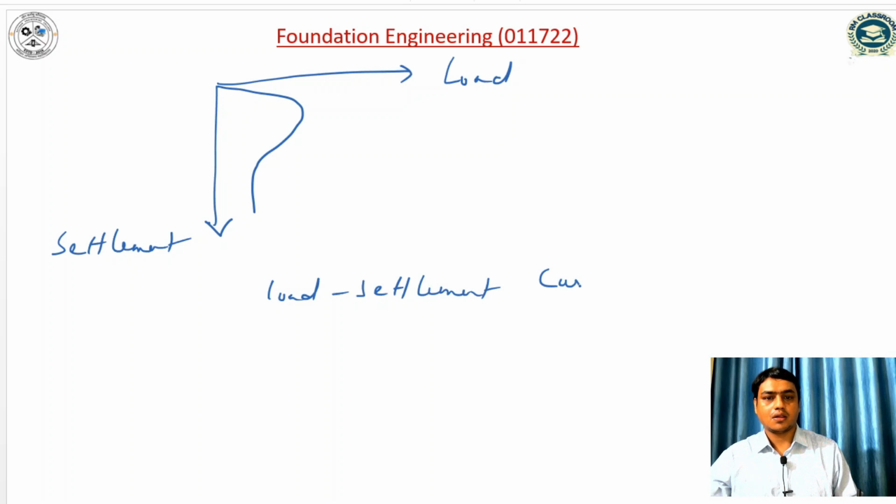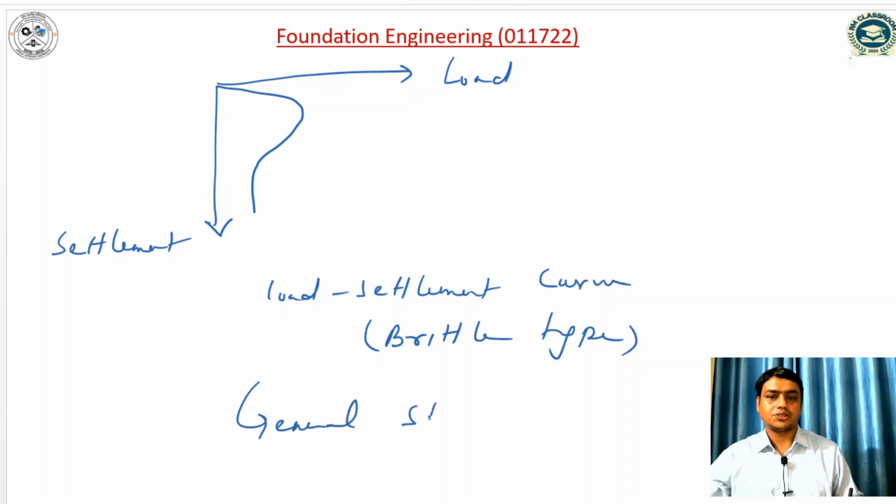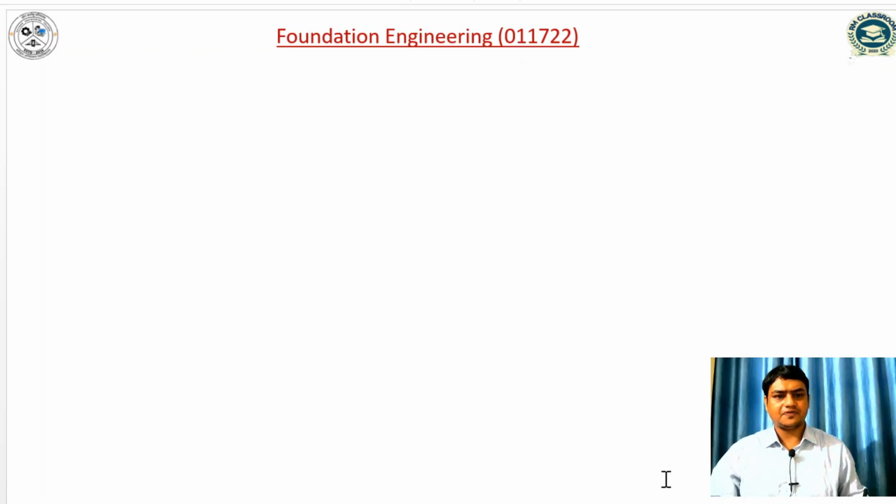It will be brittle type. So this is the load settlement curve for the general shear failure. So the second type of shear failure I am going to start, that is local shear failure.